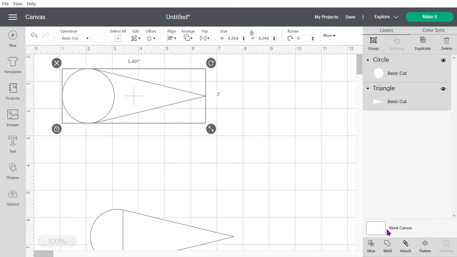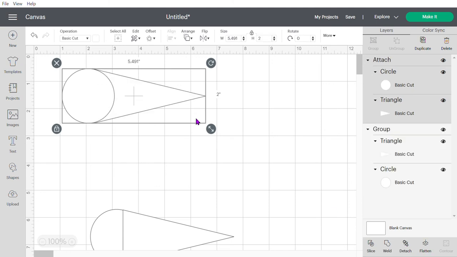Anyway, so we're going to attach these, and if you remember my overview video, these down at the bottom here directly affect how the Cricut is going to cut. So, we attach. Now you see, over in the Layers tab, the most important part of Design Space, you have a circle and a triangle attached.